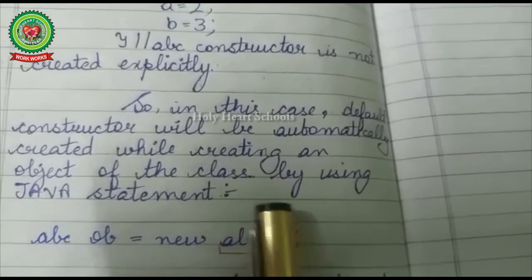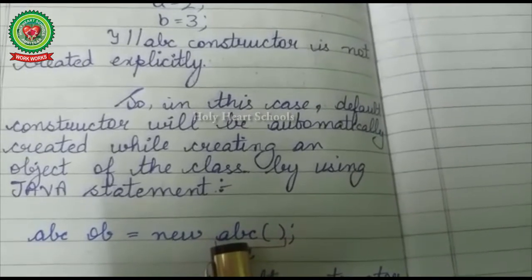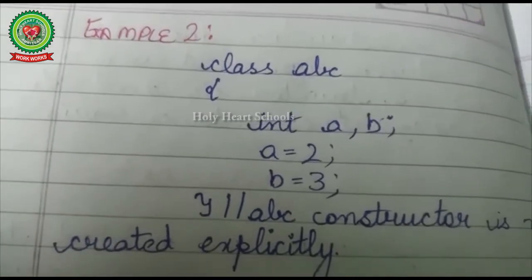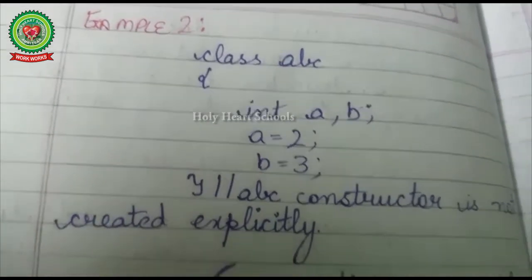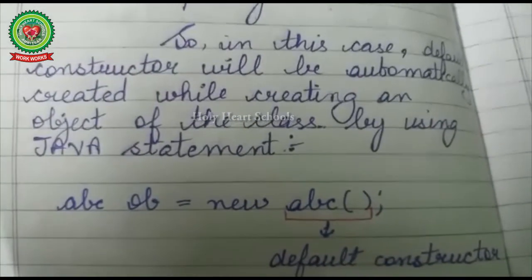Here this ABC along with the parentheses is known as the default constructor. So students, it is not compulsory to define the constructor explicitly in the class. It is automatically invoked while creating an object.